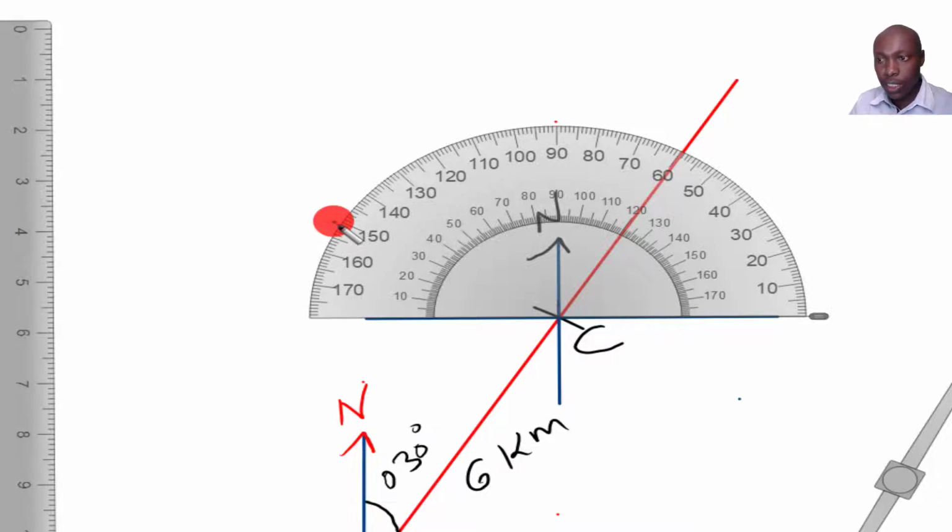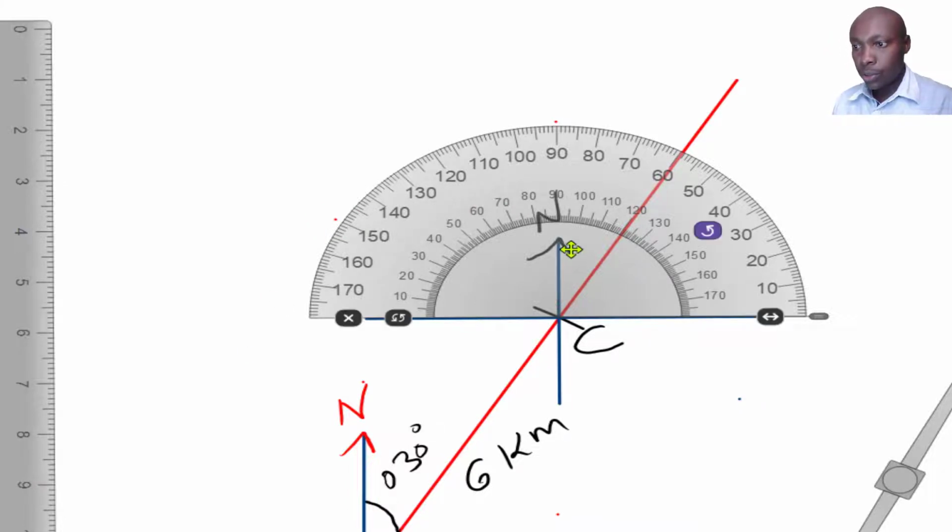Then from 270 we need to add 30 degrees on this end. So this is the point where I need to mark it properly. Yes, that way. This is the point. That should give you 30 degrees.